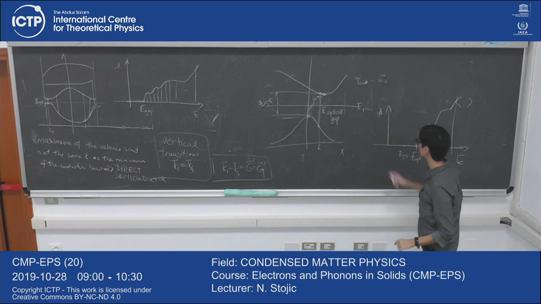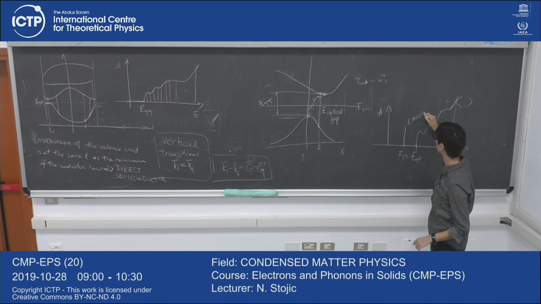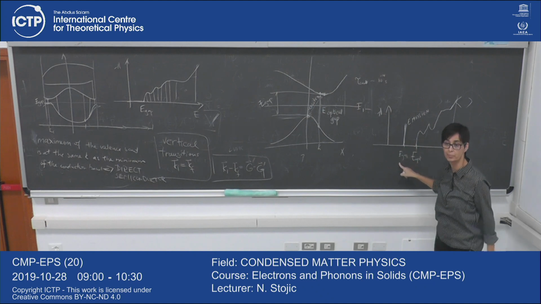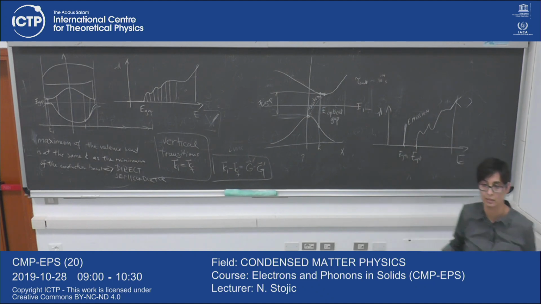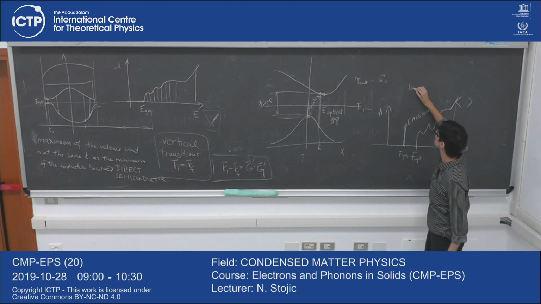So in the emission, this is absorption, but in the emission, you will get a peak at the E gap. And this is a property of the luminescent materials. It's called luminescence.